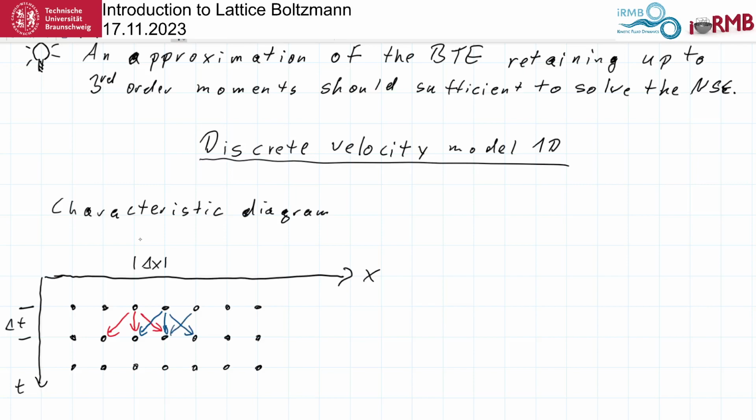So this can actually happen to all of them. They all look the same. So from all these points, they could go to the left, they could stay where they are, or they could go to the right.